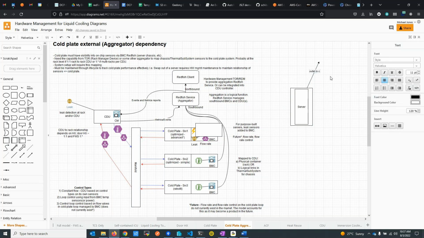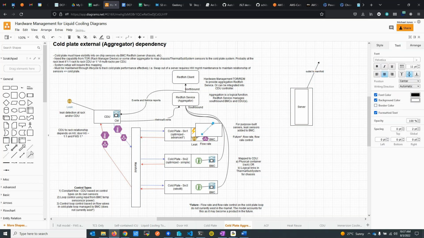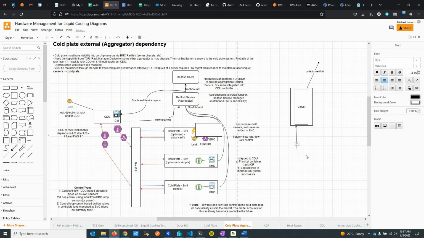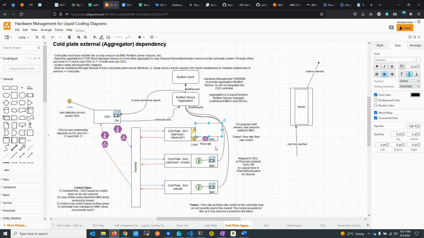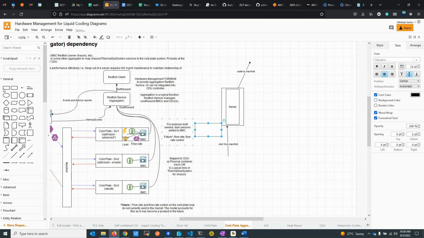Oh, actually, to the manifold, right? And an inlet from the manifold. And you're saying that it is possible for the tank to have its own controller, its own hardware management interface?